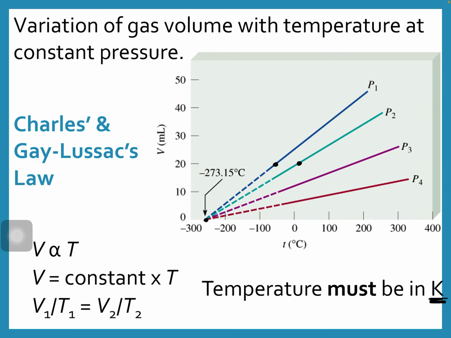So here we had V1 over T1 equals V2 over T2, or P1 over T1 equals P2 over T2. So Charles's law and Gay-Lussac's law. Those are the relationships between pressure and volume, pressure and temperature, and volume and temperature.